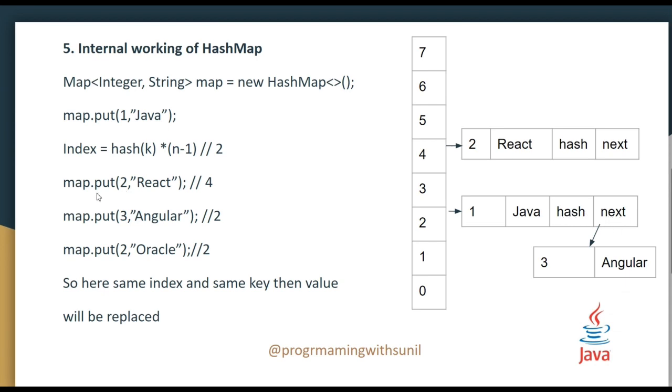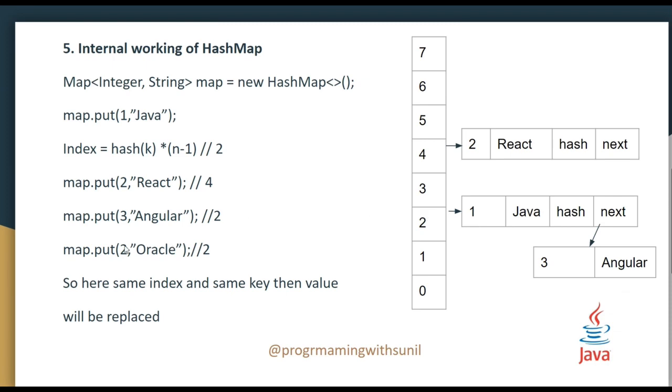When you're trying to insert the second element, if it returns 4, it will insert into the fourth bucket. When you're trying to insert a third element, 3 Angular, if it returns the same index, it will use the equals method to compare the key. It compares the key with 1; it is not the same, so it will place it in the next node of the linked list: 3, Angular, and hash, next.